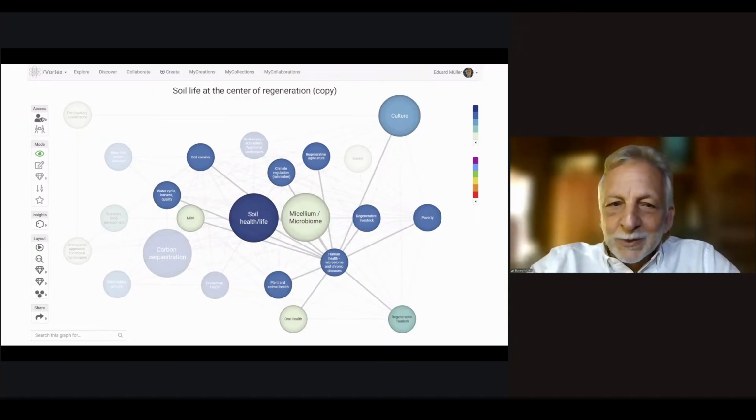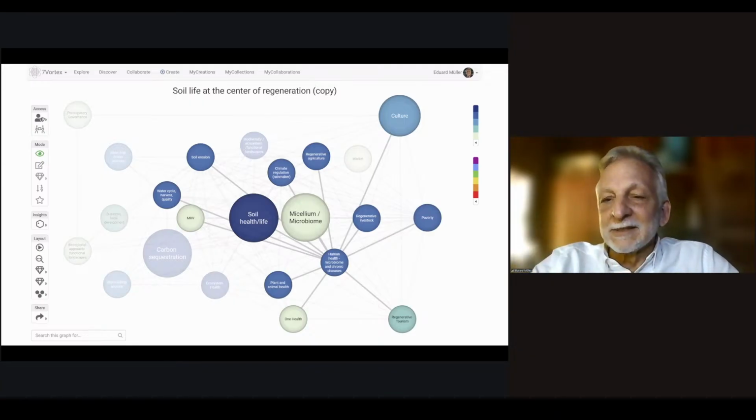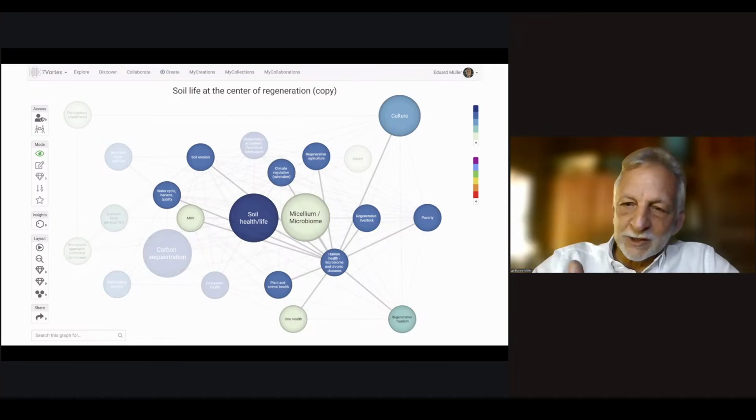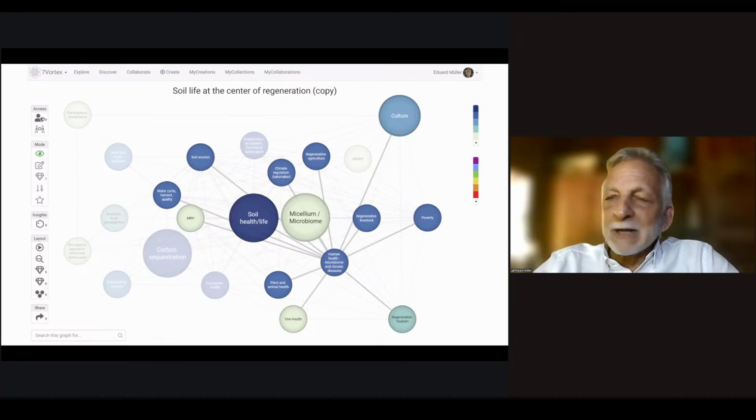And that has to do with climate regulation, with the water cycle and clean water. It has to do with plant and ecosystem health, nature health. Otherwise, we're not healthy. And it has to do with culture. It has to do with principles of good nutrition. I'm in a blue zone. I'm not sure for how many years it's going to be a blue zone because people are eating hamburgers and French fries.